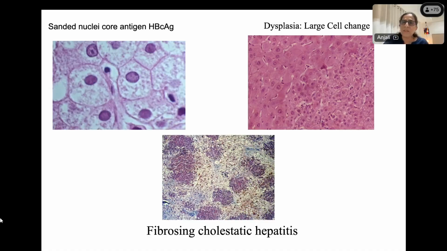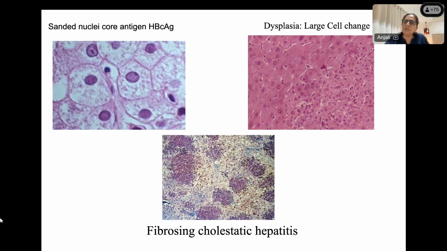In the upper right hand figure, the normal hepatocytes are below, and you can see large cell change in the upper hepatocytes. And then fibrosing cholestatic hepatitis. This is not common, but a rare complication of hepatitis B, which is also seen in hepatitis C. So these are the various histological features you may see in patients with hepatitis B infection.